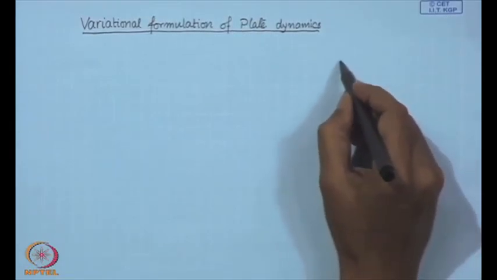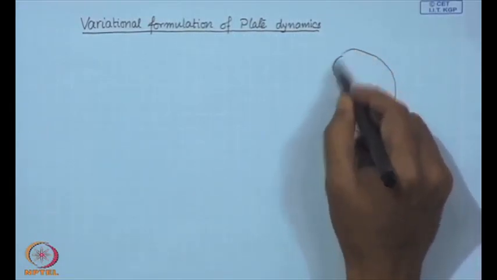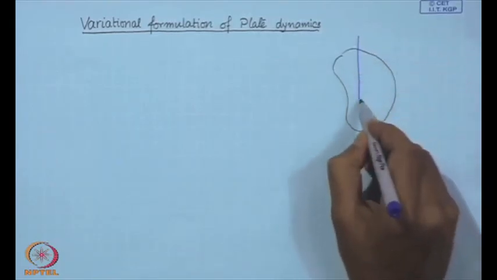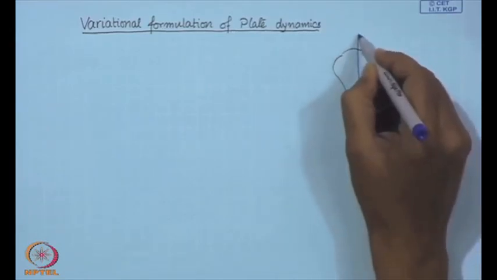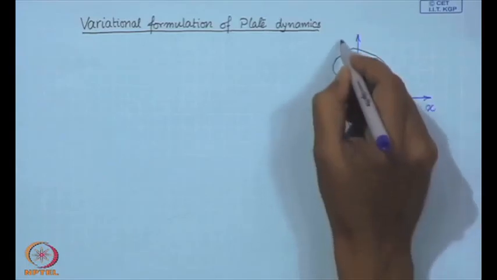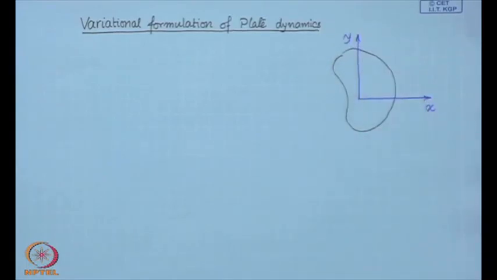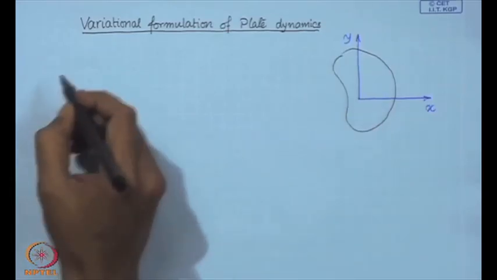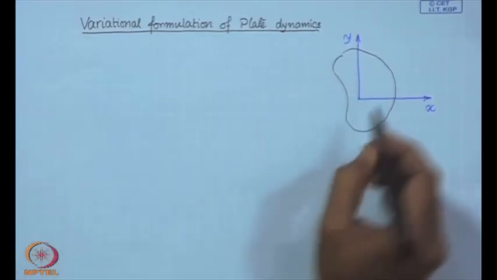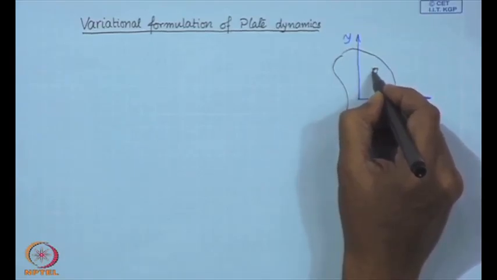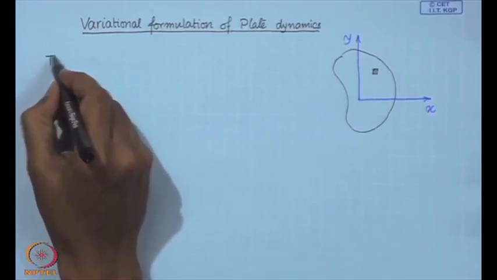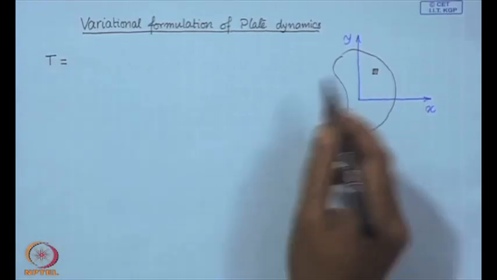So, let us consider a plate. When we do the variational formulation, we first write down the kinetic energy of the plate.